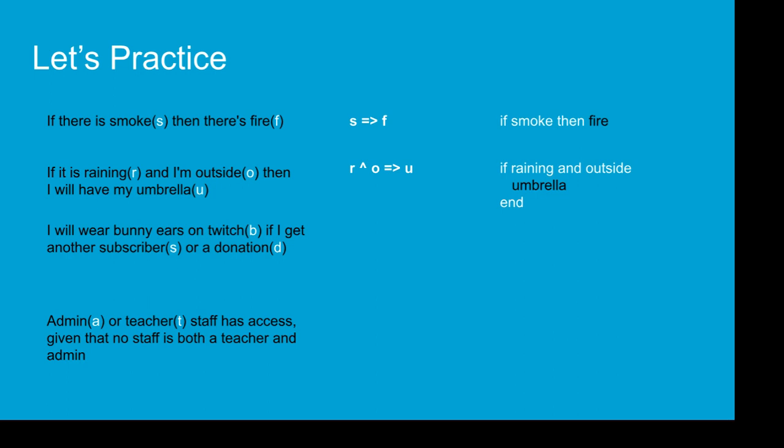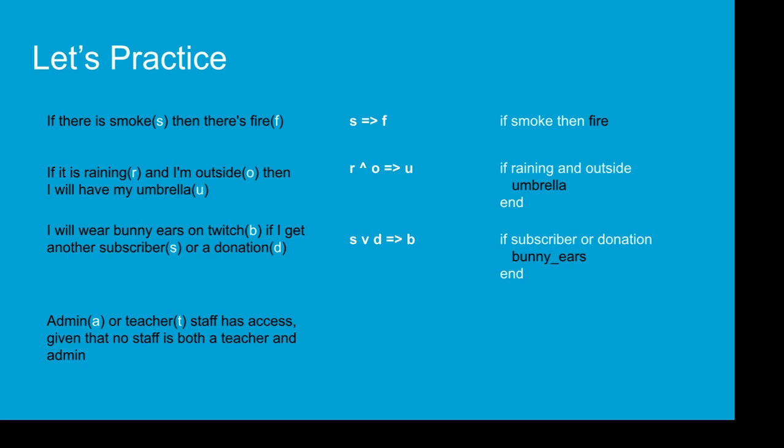S or D in brackets, implies B. So we have an OR operation between subscriber and donation, and the result of that binary operation implies B. So if subscriber or donation, bunny ears.